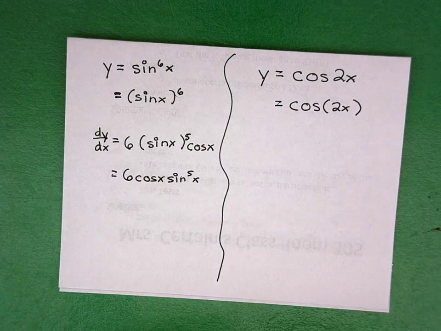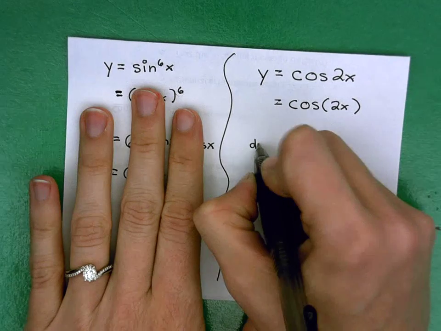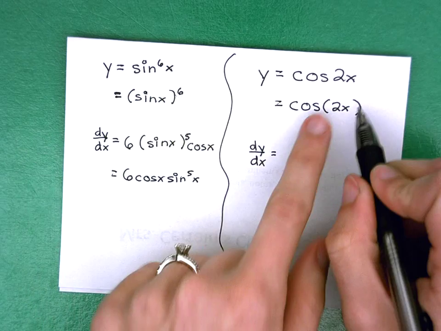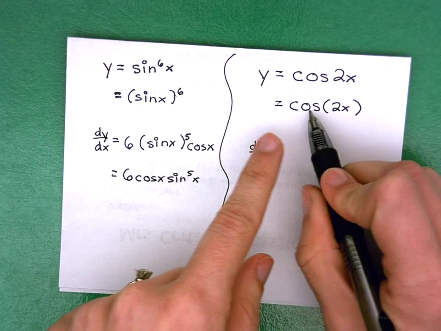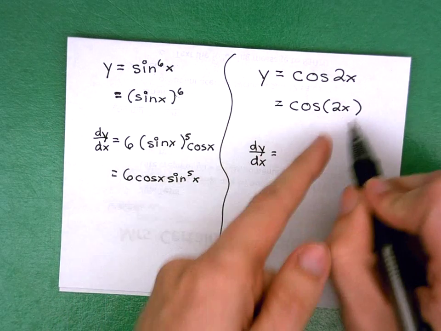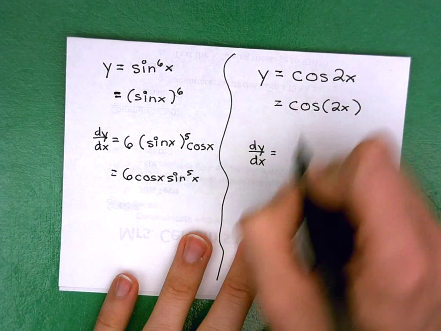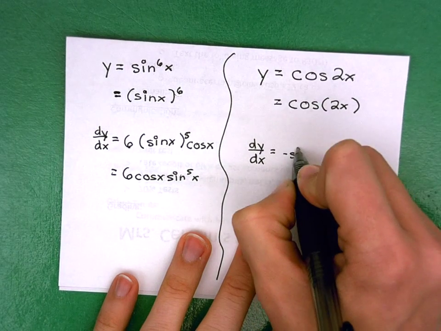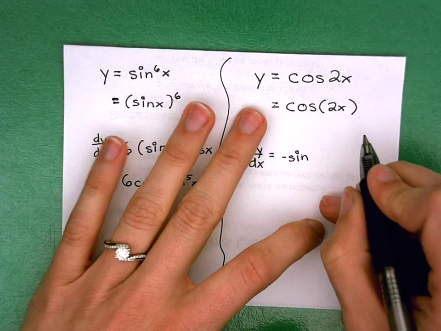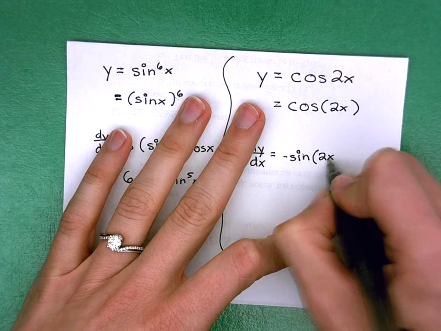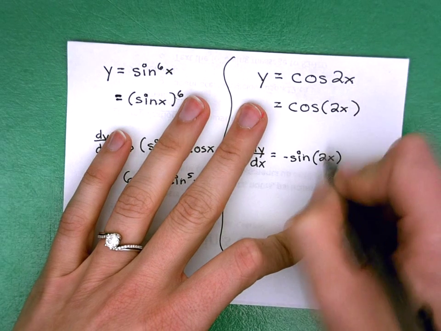Right? So then we have dy dx equals, and in this case, my outside function, the one doing the holding, is actually the cosine. Right? It's holding those parentheses. It's holding that 2x as a function. And so derivative of cosine is negative sine. And then it's not going to be negative sine x, it's going to be negative sine 2x, because again, we need to leave those guts alone.